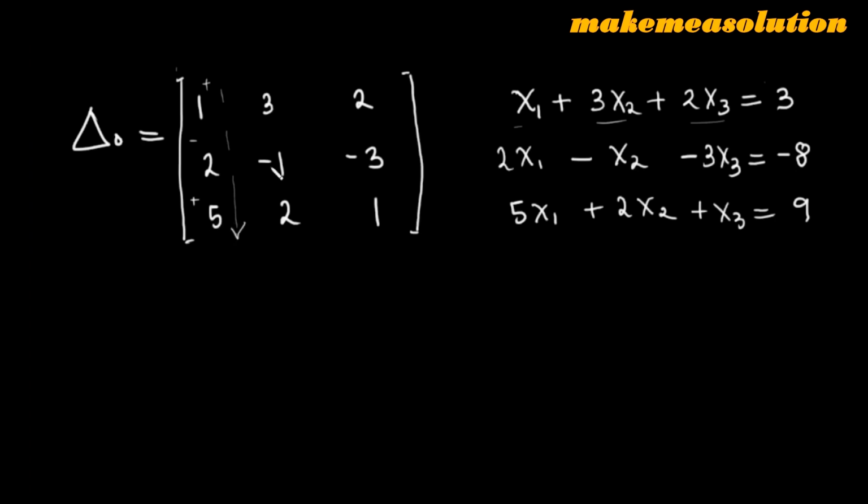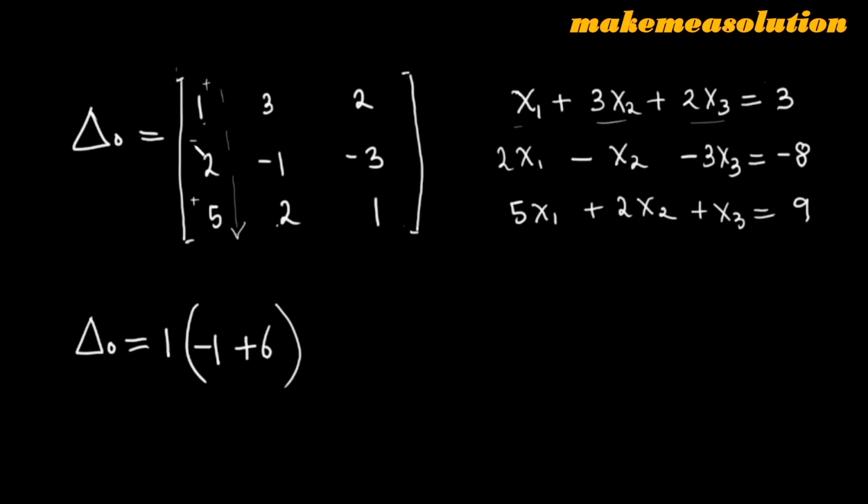You can feel free to expand it however you know, but just follow me and you will see how I'll do it. So delta naught is, when you take 1, the minor of 1 is this matrix over here. So minus 1 times 1 is minus 1. Then 2 times minus 3 is minus, so it will become plus 6.